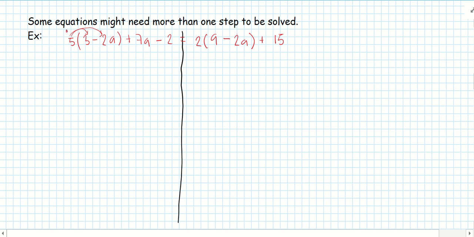So 5 times 3 is 15. And then 5 times negative 2a is negative 10a. And then I'm going to bring down the 7a minus 2 equals, and then same thing with the 2, right? I'm going to go ahead and distribute it. I want to get rid of those parentheses. 2 times 9 is 18, minus 2 times 2a is 4a, and then plus 15. So here what we did is we applied the distributive property.